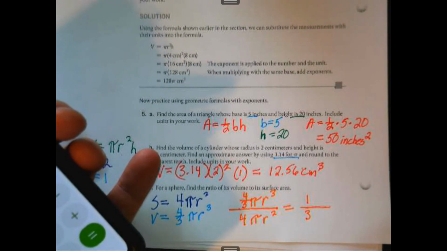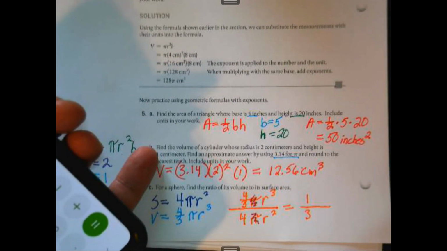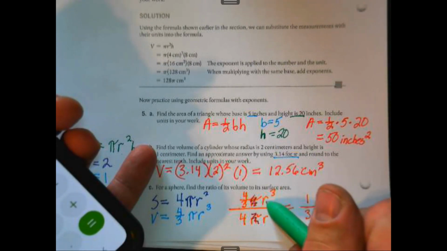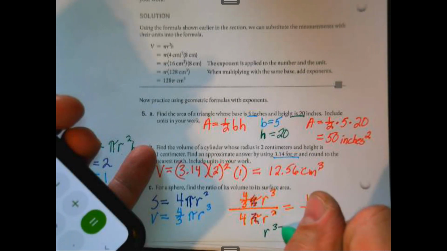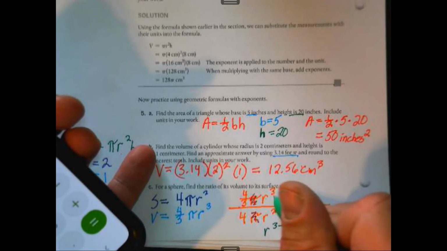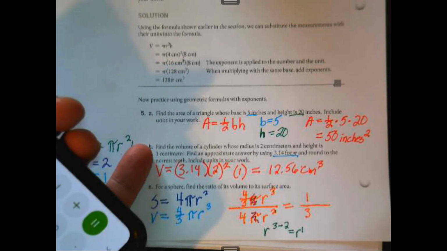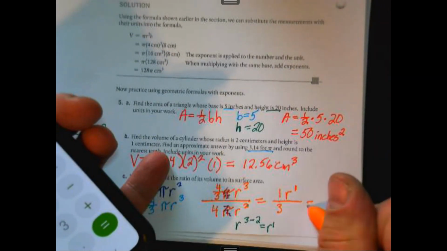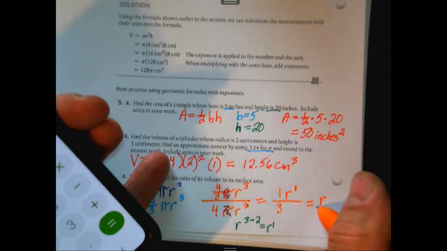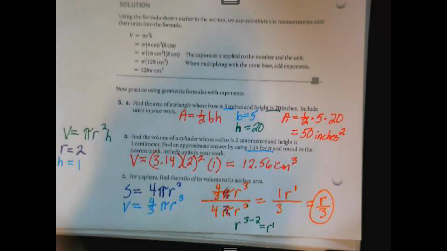My pi's are going to cancel. R to the 3 minus 2, because the exponent rule, same base, subtract the exponent. R to the first, so that stays in top. If I want to just clean it up, make it R over 3. That's the ratio.